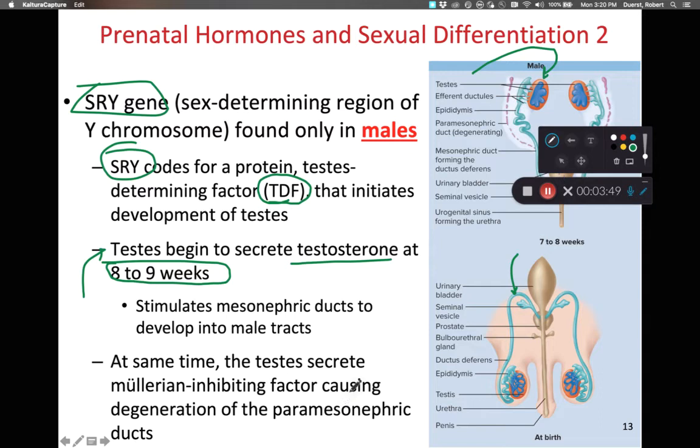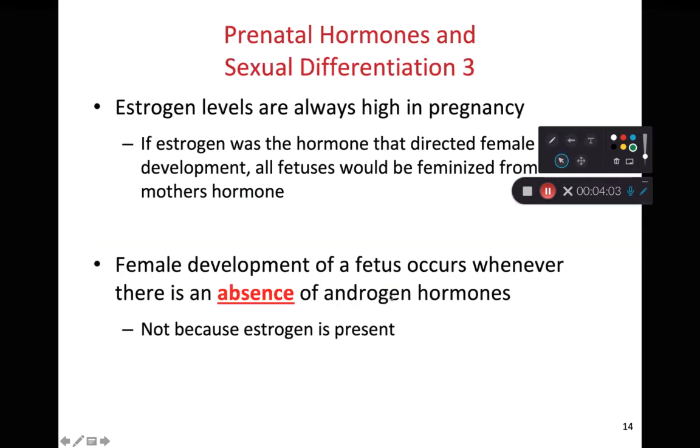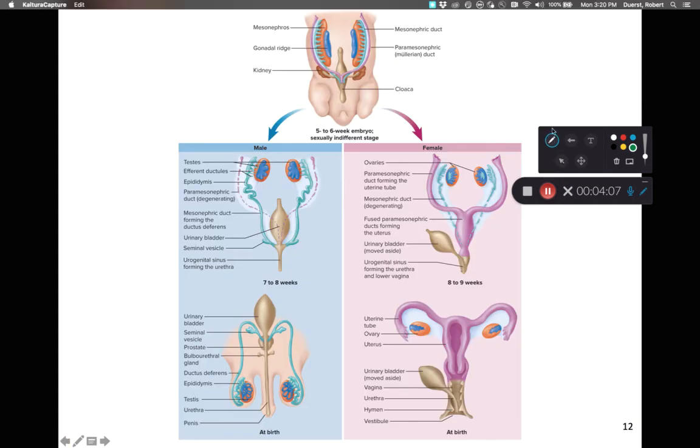At the very same time that the mesonephric duct is developing into the male reproductive tract, the testes are secreting another chemical known as the Mullerian inhibiting factor. And if we're going to be really current with our names, if we're going to update the name of the Mullerian duct to the paramesonephric duct, we might want to call it the paramesonephric inhibiting factor.